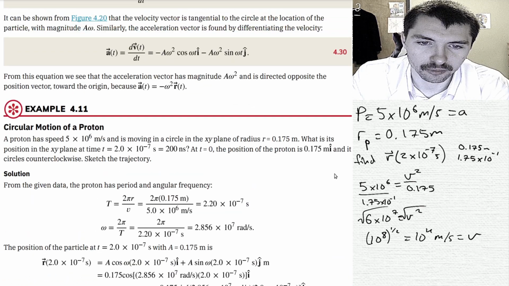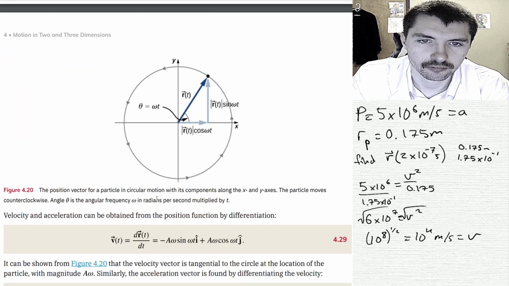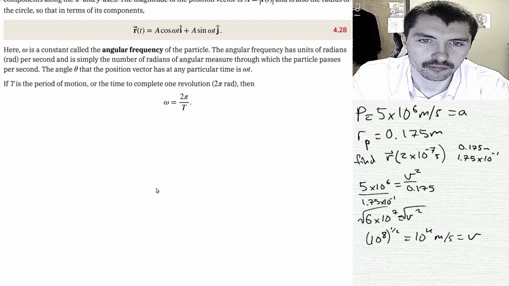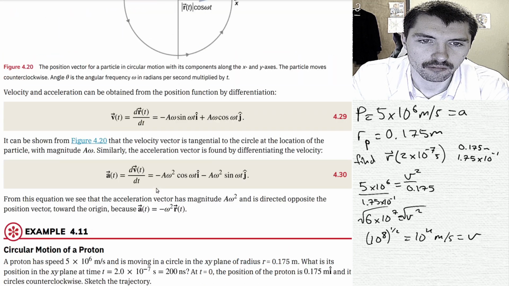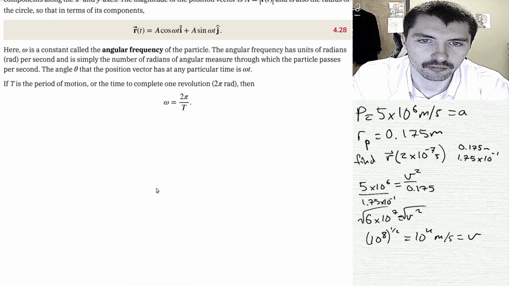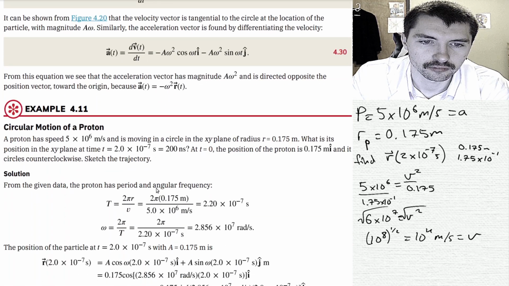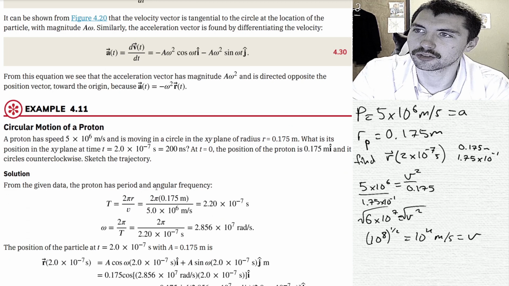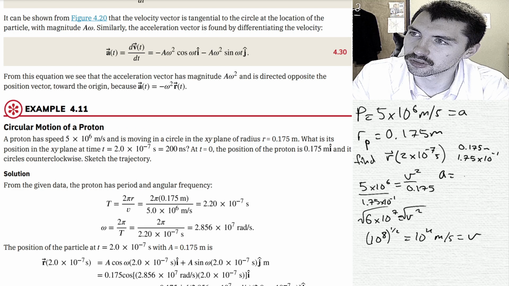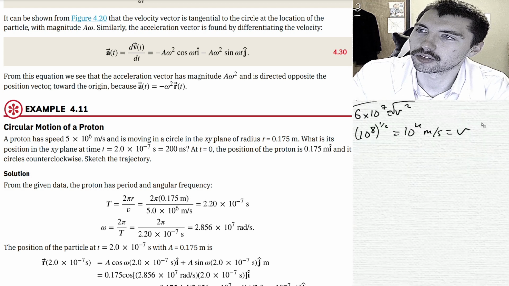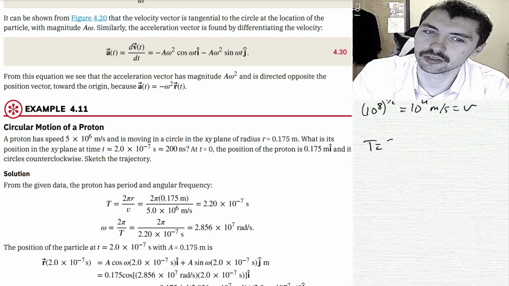So it looks like they're doing a different way. They're taking frequency. Okay, so I used a equals v squared over r. They are using T is 2 pi r over v.